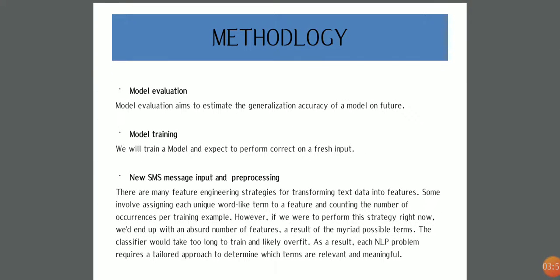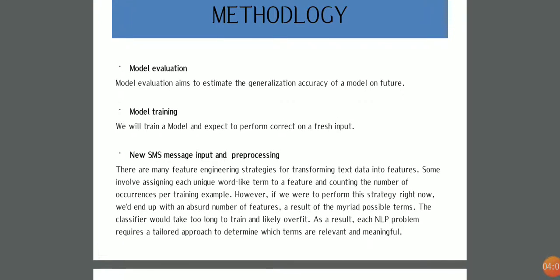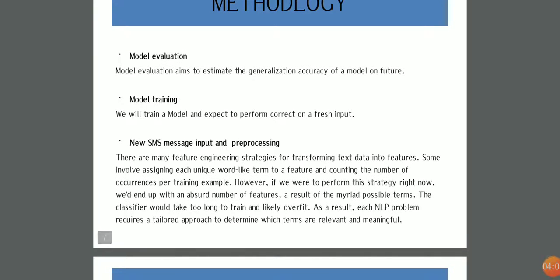Another model is model evaluation. The model evaluation aims to estimate the generalization accuracy of a model on the future. Next, the model training. We will train a model and expect it to perform correctly on a fresh input, and new SMS input and pre-processing. There are many feature engineering strategies for transforming text data into features.